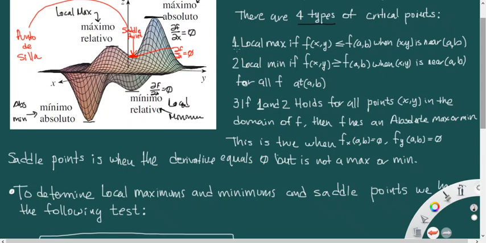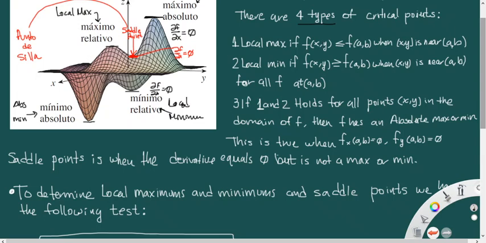So let's talk a little bit about these four types of critical points. We already covered some of them here in this graph. The local maximum is when we have a point a comma b in a function in a neighborhood where this f(x, y) function is near. We have a local maximum if f(a, b) is greater than or equal to the function f(x, y) in that neighborhood.